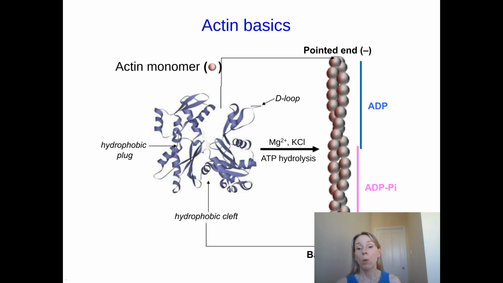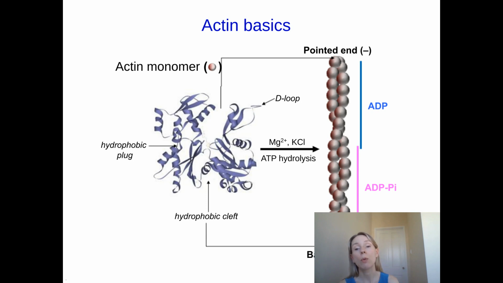Second, what we need to understand very well for the purpose of today's conversation is that actin is a mixed nucleotide-state polymer. What do I mean by that? Every actin monomer has an ATP molecule incorporated into its structure.